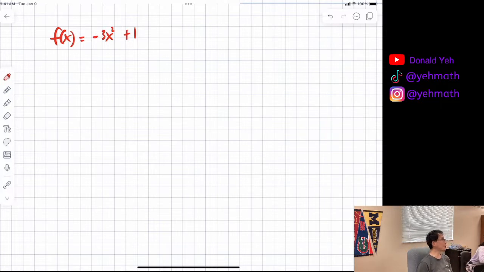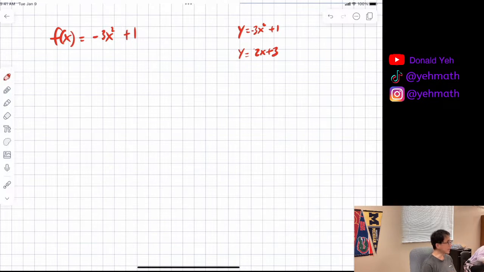Okay, so why do we have function notation? Do they tell you in Algebra 2 why they have function notation? No? They just say that's f of x. Just memorize it. Okay. So there are two reasons, I will say. For example, if I have y equal to negative 3x squared plus 1, and then I got another y equal to, I don't know, 2x plus 3.